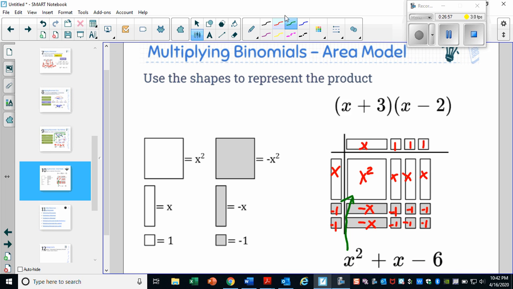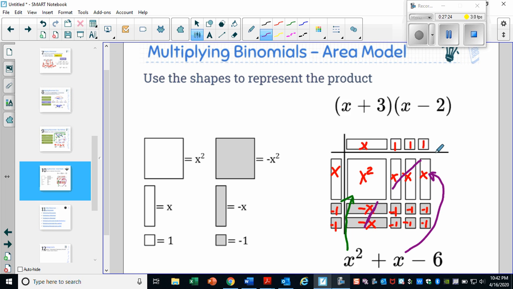Now we see that we have 3 positive x's and 2 negative x's. So these 2 negative x's are going to cancel out with these 2 positive x's. So we're left with 1 more x. So this positive x, that's where we get this term here.